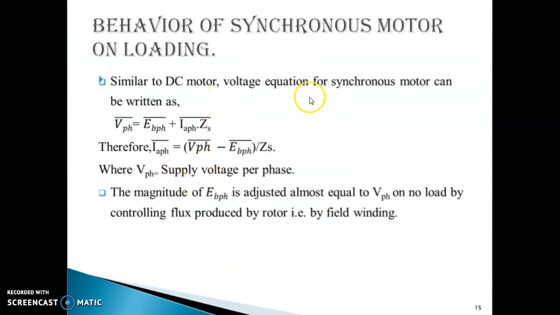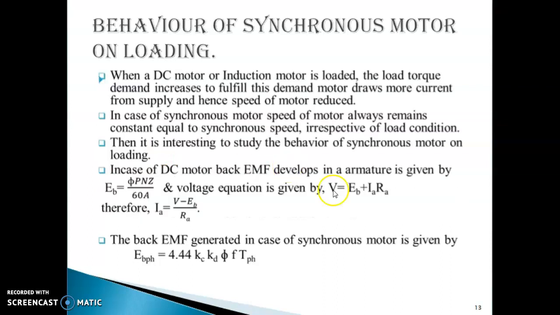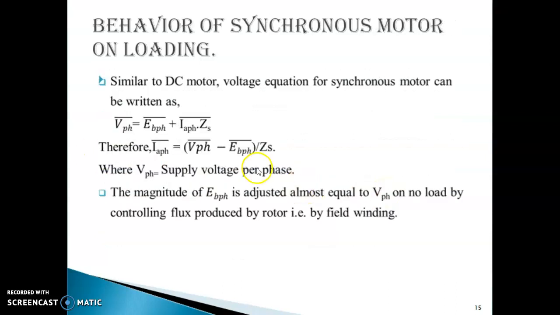Now similar to DC motor, the voltage equation for synchronous motor we can write like this. Now observe this equation here, supply voltage V equals back EMF plus losses. Now same in case of a synchronous motor also we can write down. Only the difference is in case of synchronous motor we are giving AC supply, that's why this bar will come, because these all are vector quantities, and we are writing down per phase values.